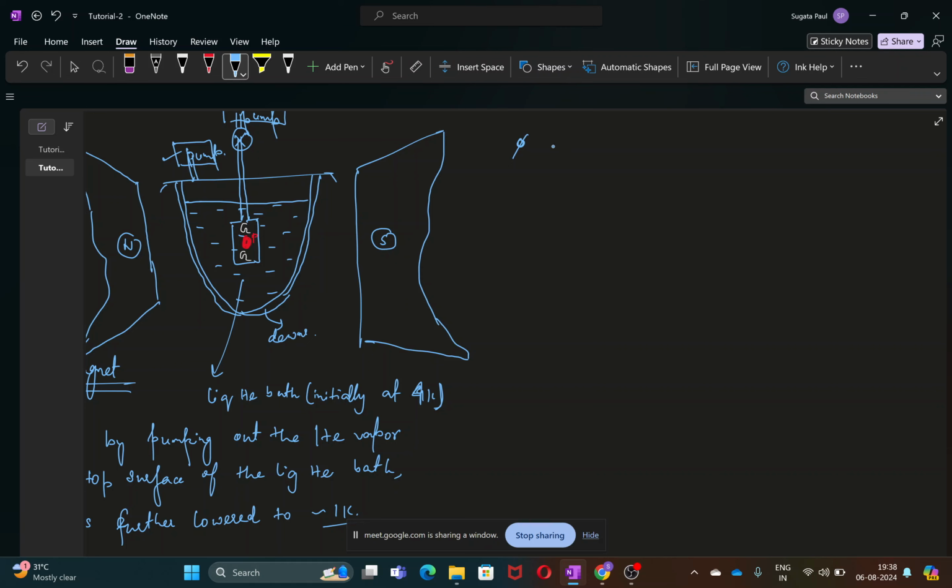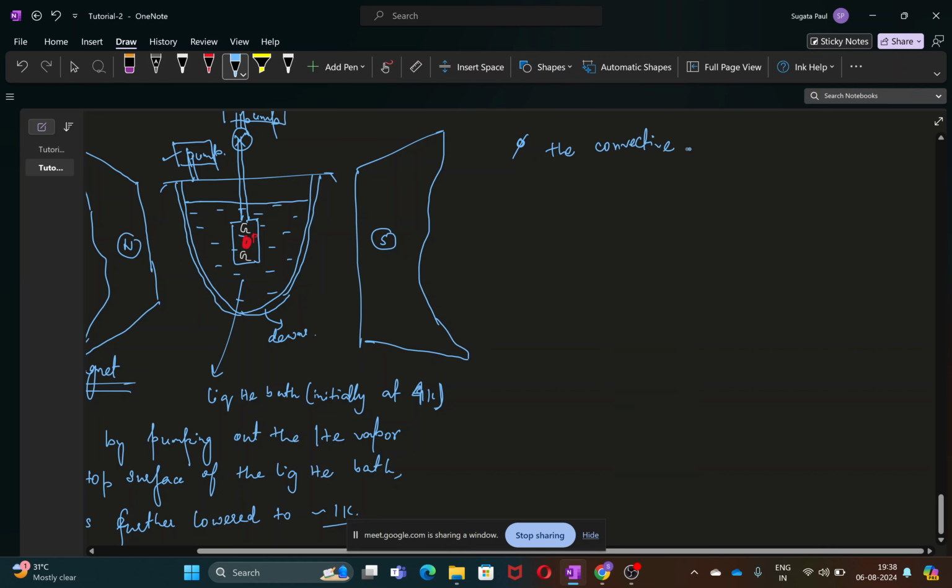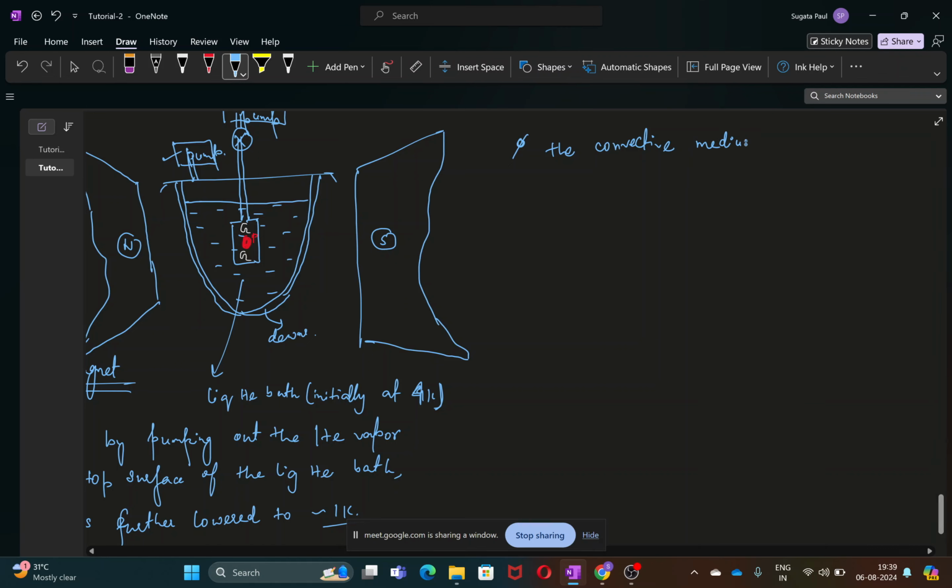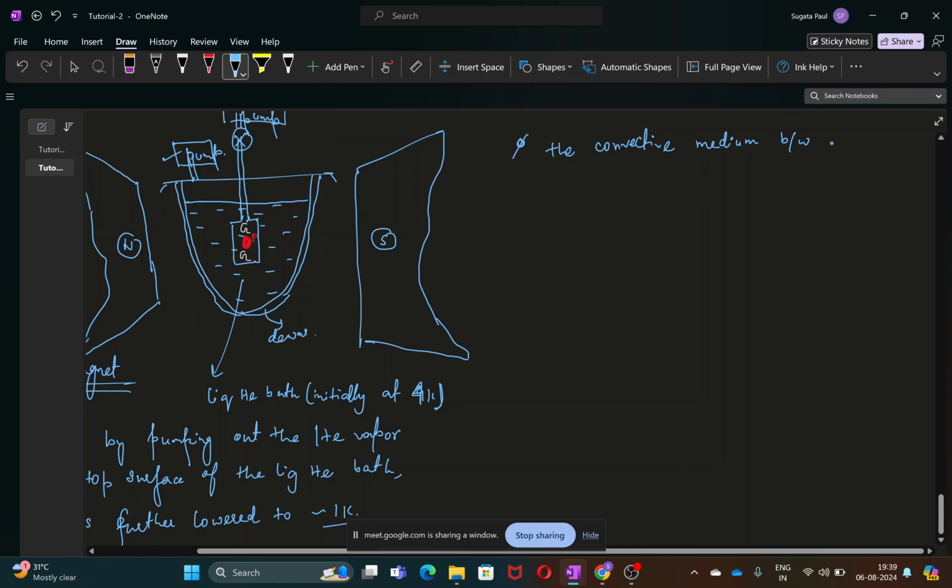So the convective medium between the paramagnetic sample P and the environment, which in this case is the liquid helium bath, is your helium gas, because it is filled with helium gas.